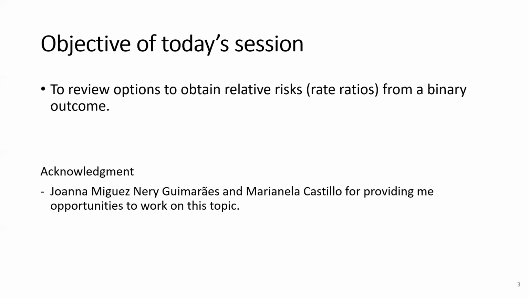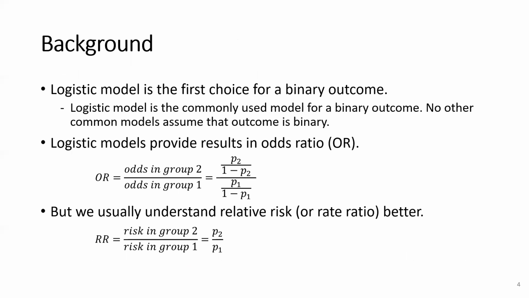And the background. So the logistic regression model is the first choice for a binary outcome. Logistic model is a commonly used model for binary outcome, and we don't have any other common models that assume the outcome is binary.